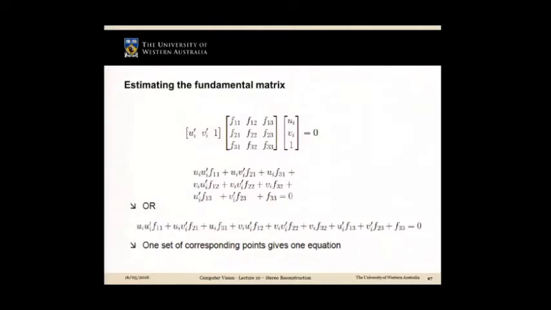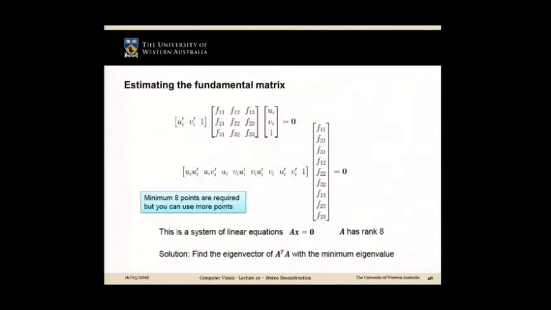And if you just multiply these matrices and write them in the form of a linear equation, you will get this bottom equation. That's just one linear equation. And one set of corresponding points gives you one equation, of course. So one x, y point will give you one linear equation. And what are the unknowns?